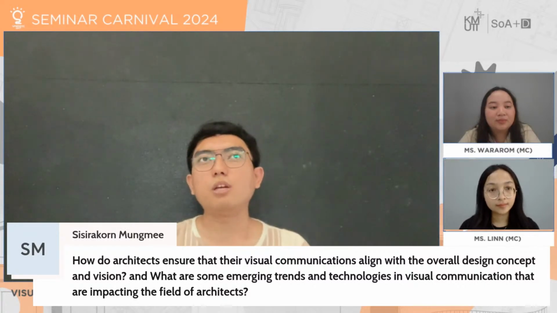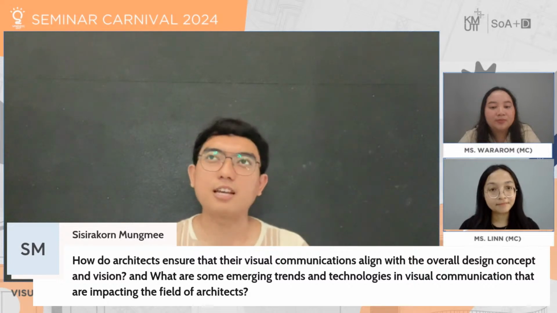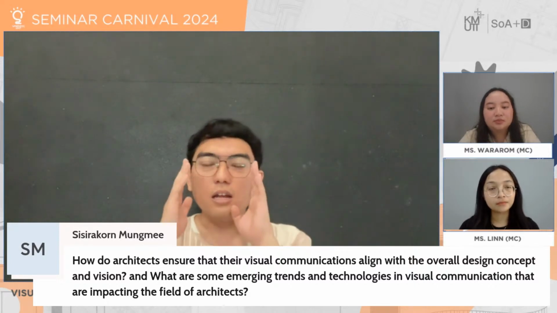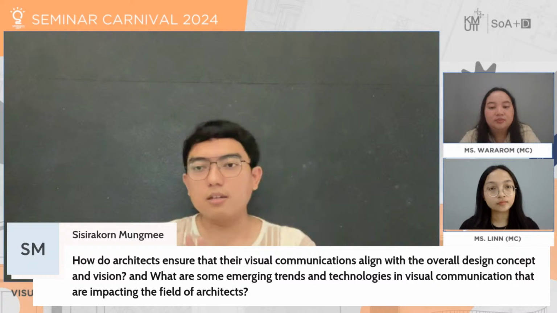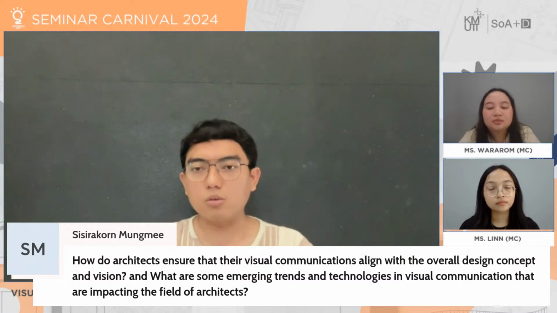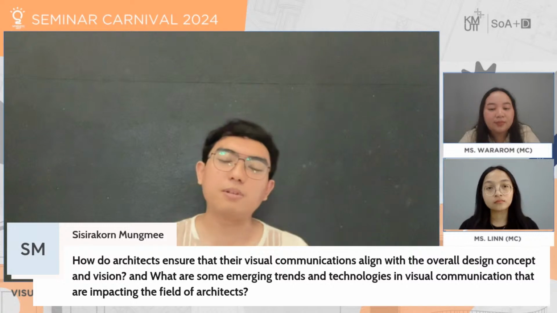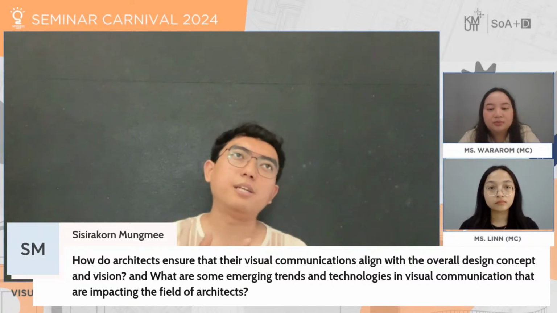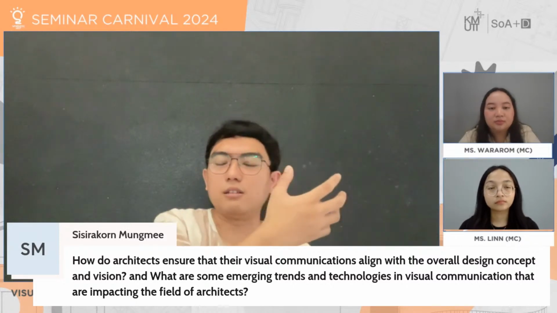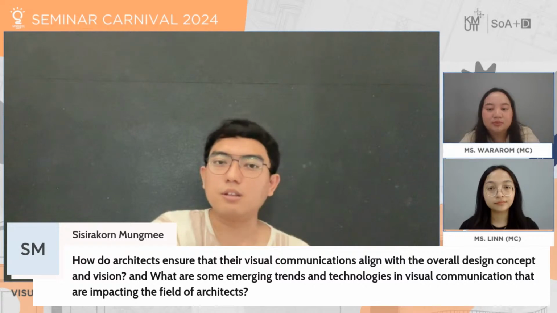You use it as a modular design or a repetitive design. If you maintain those shapes, I would say the overall design concept and visual would usually be under the same alignment as the visual communication.